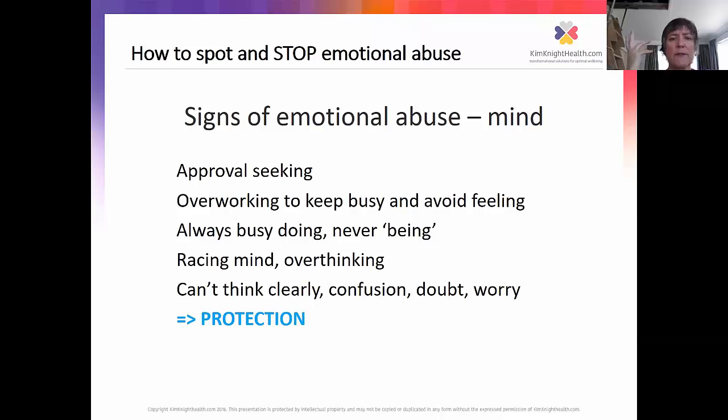Our mind's always overthinking, it's always racing, it never stops. And we also may have unclarity, confusion, we can't think clearly, doubt and worry. And all of these signs and symptoms are our body-mind's way of trying to protect ourselves from further abuse.